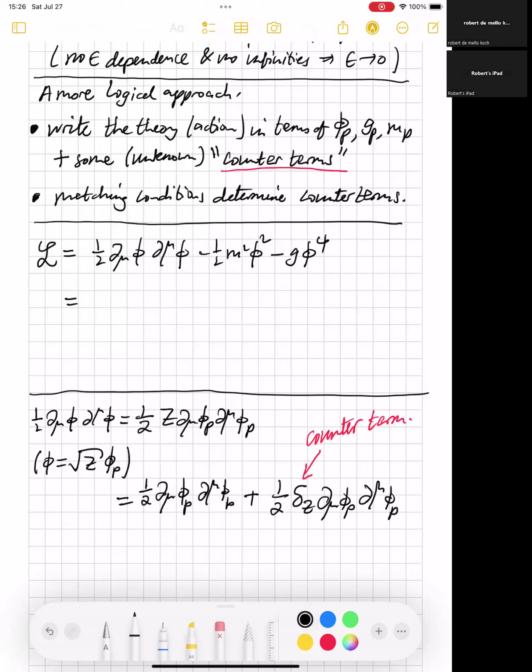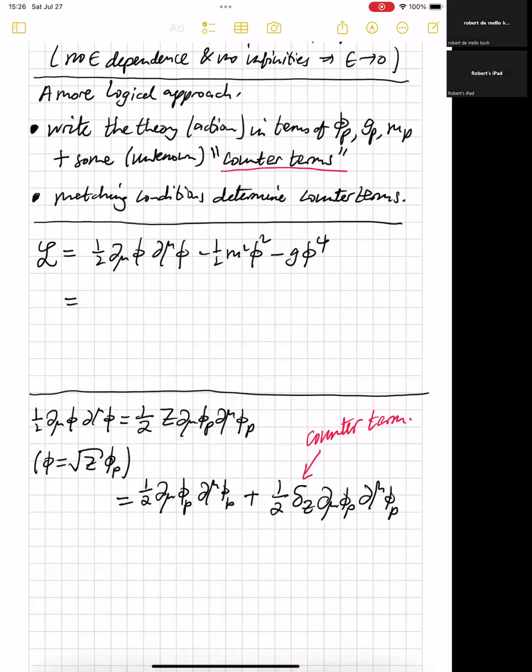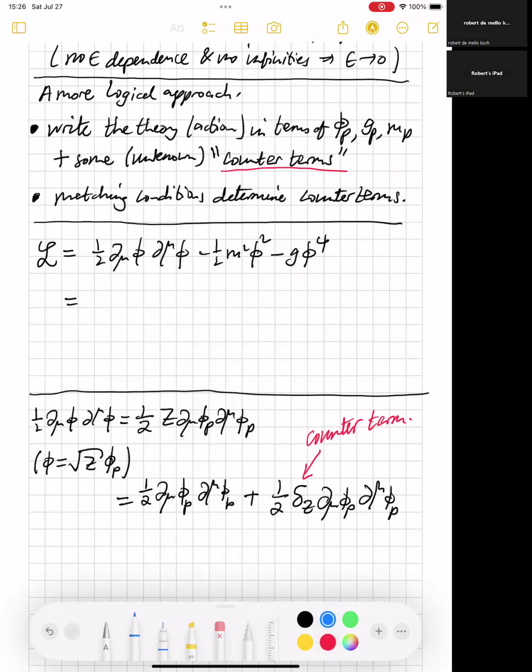And we can easily work out what the value of the counter term is by comparing the two lines that we've got here. So what would delta z be? Well, this term with the delta z must be equal to the term on the right-hand side, the 1/2 z d mu phi p minus 1/2 d mu phi p.